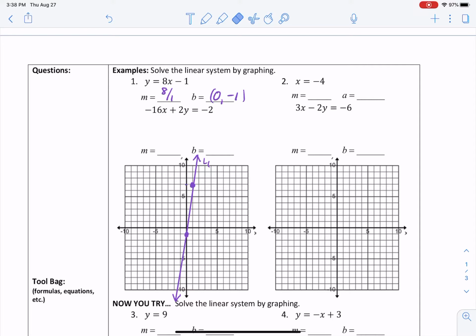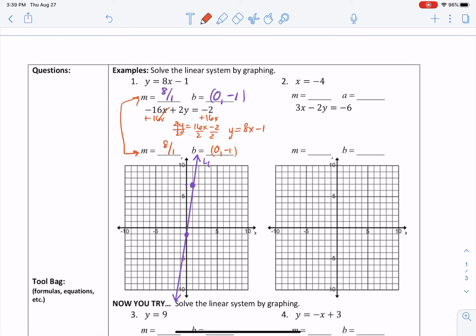And for line 2, I have to put it in slope-intercept form. It currently is not. So I'm going to add 16x to both sides. 2y equals 16x minus 2. Divide. And I end up with y equals 8x minus 1, where my slope is 8 over 1 and the intercept is (0, -1). So when I graph that, you should notice that these two are the same.